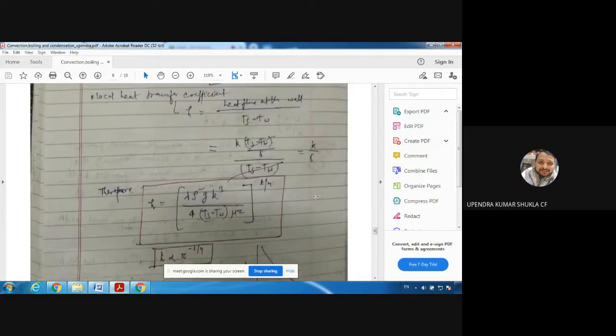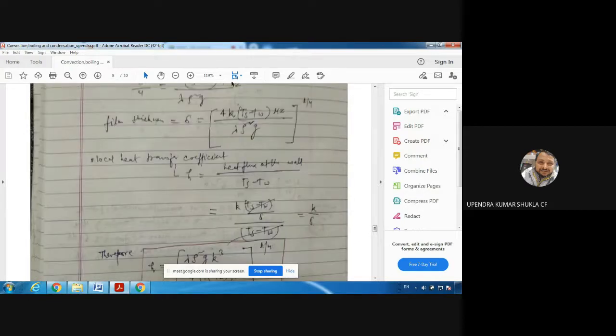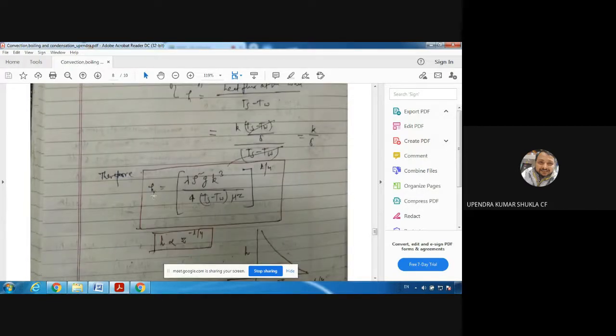This is equal to k upon delta, so the heat transfer coefficient is equal to k upon delta. Now you have the value of delta from the earlier equation. If you put it in, you will get h is equal to [lambda rho square g k cube divided by 4 (Ts - Tw) mu z] whole power 1 by 4.